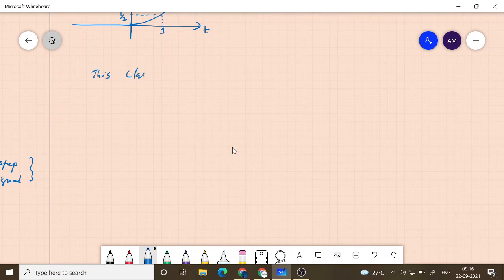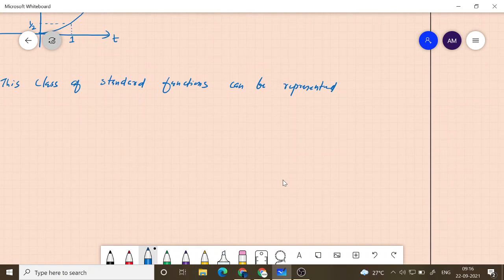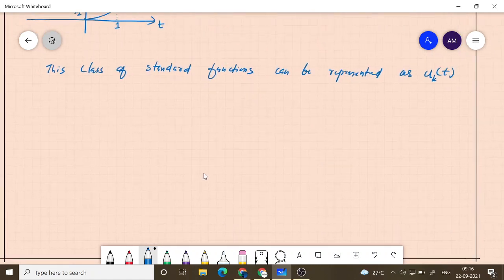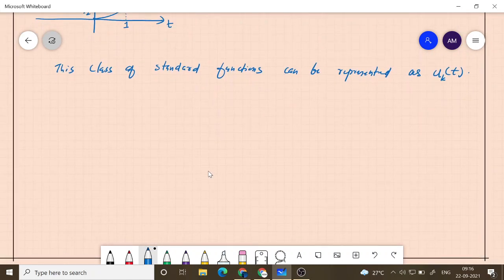This class of standard functions can be represented as uk of t, and they have a relationship for different values of k, where k is 0, 1, 2, 3, etc.